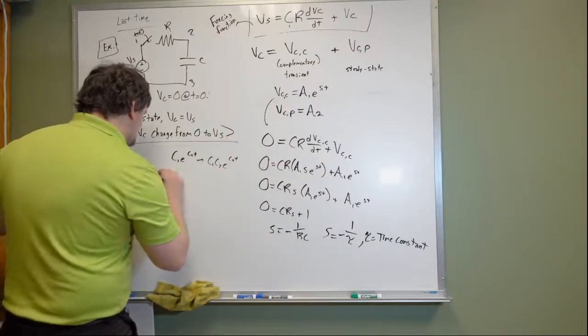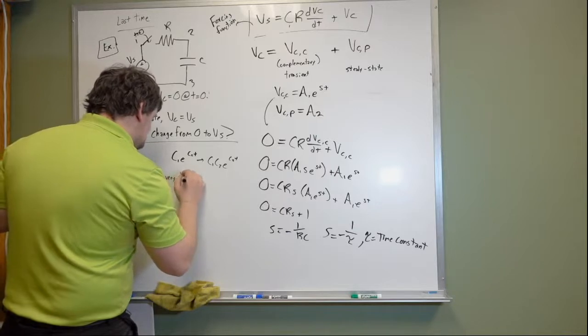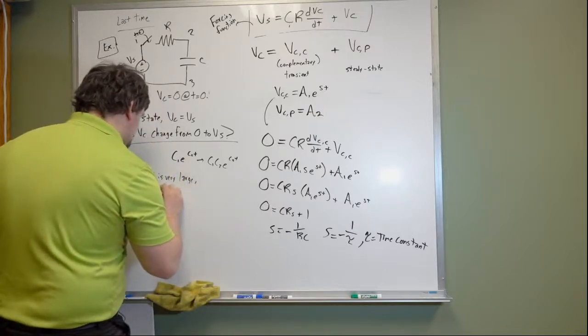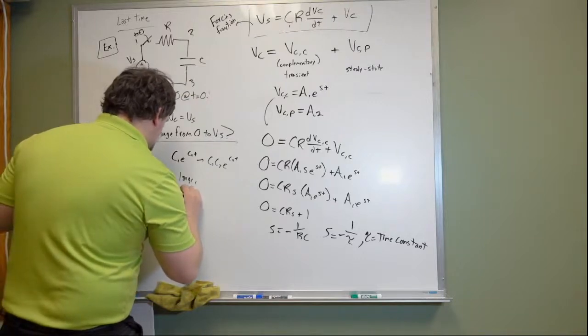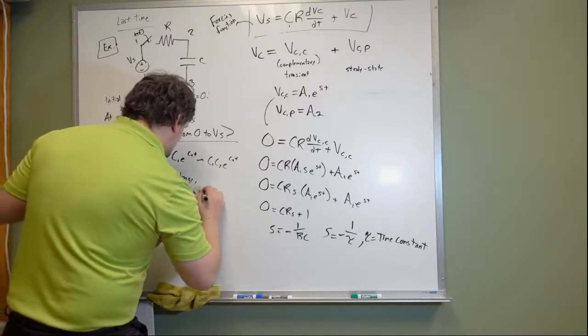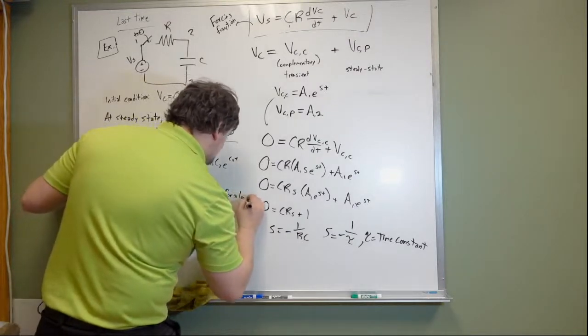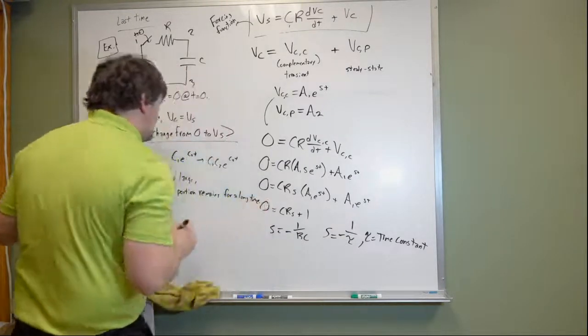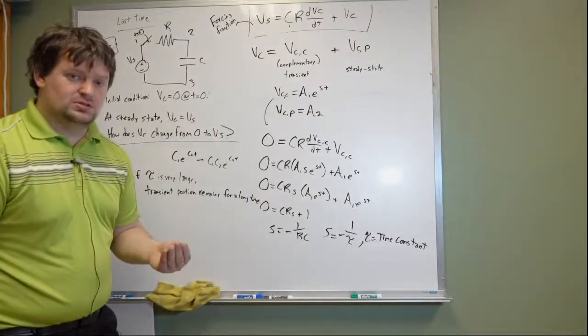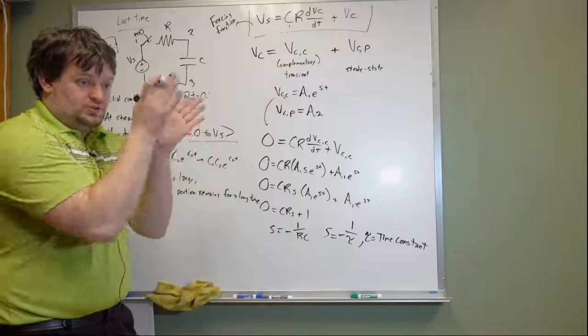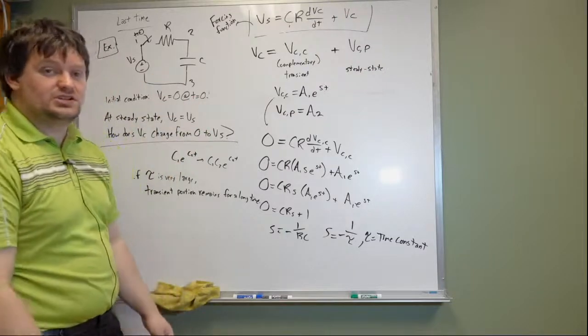So if tau is very large, the transient portion remains for a long time. If tau is very small, the transient portion is very quick. It just takes a short amount of time for this thing to reach equilibrium.